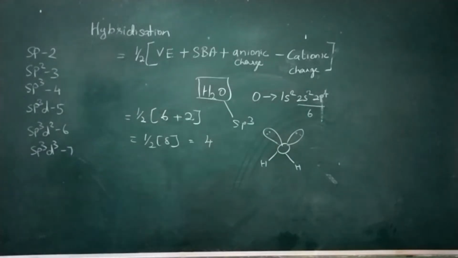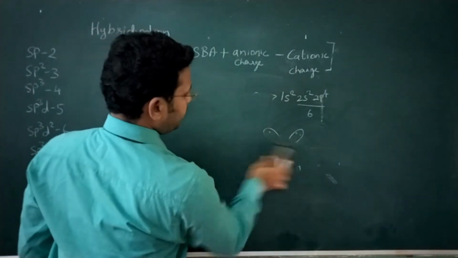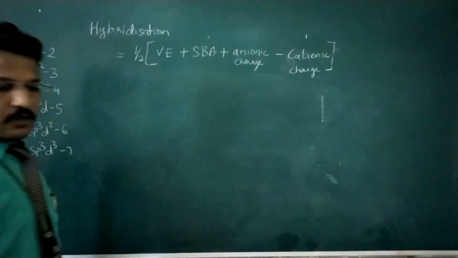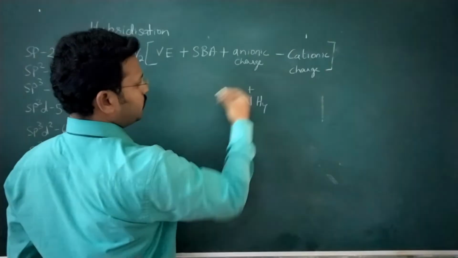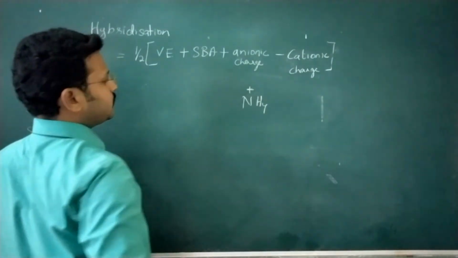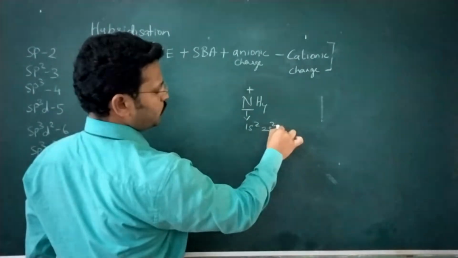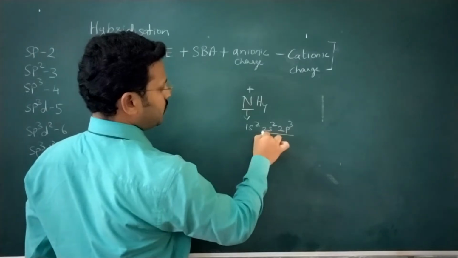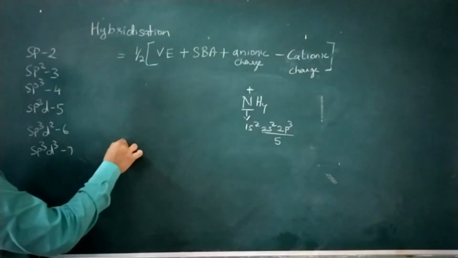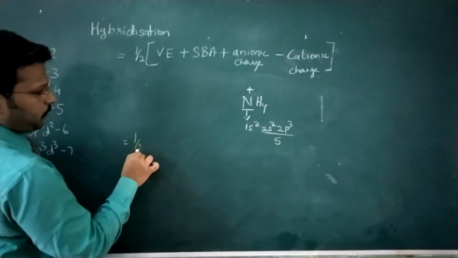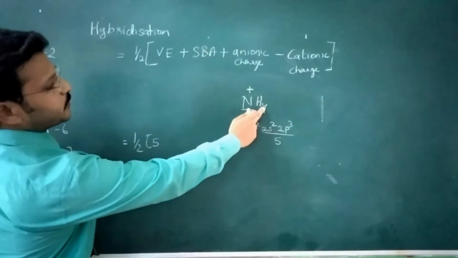Now we will move on to some charged species and check whether the formula works for them. I will consider the ammonium ion, NH4 plus. For nitrogen, the electronic configuration is 1s2, 2s2 and 2p3, so the valence electrons present in nitrogen are 5. Half into 5 valence electrons plus 4 side atoms.